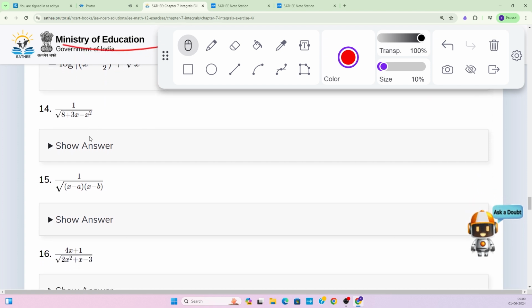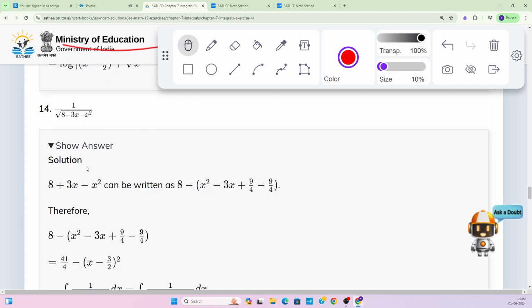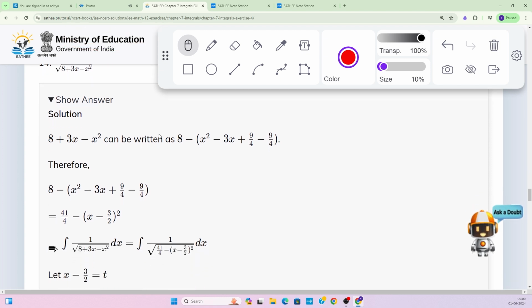The same process will be done here. So 8 plus 3x minus x square can be rewritten as 8 minus x square minus 3x plus 9 by 4 minus 9 by 4.